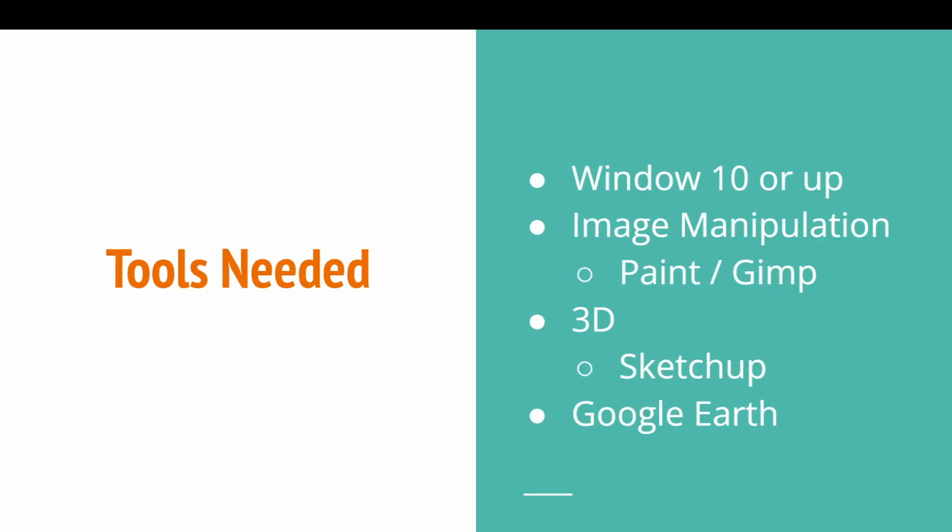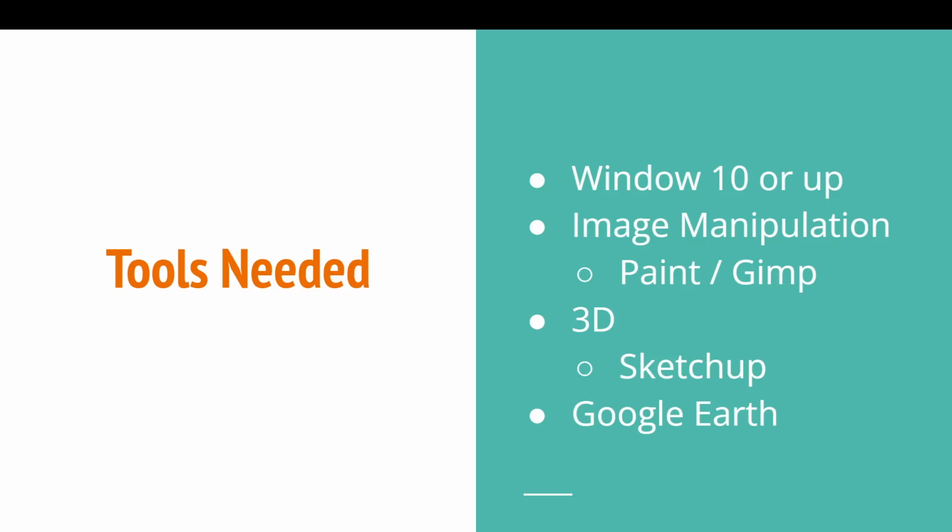The tools that you will need for creating visualizations: with this tutorial, you need Windows 10 or up. I suppose Windows 11 would do the trick as well. There probably is a way to do this on Mac. I just do not have a Mac with which to experiment.